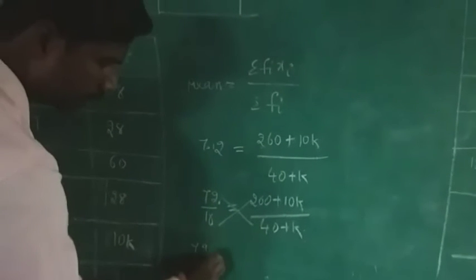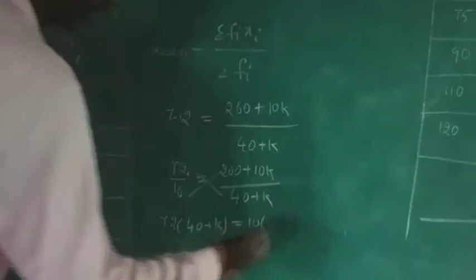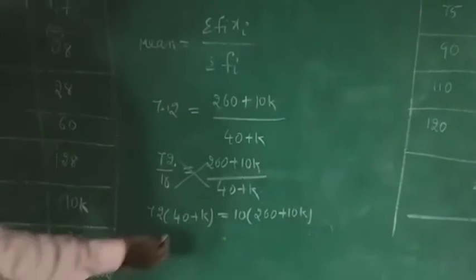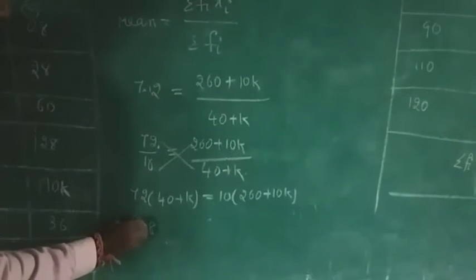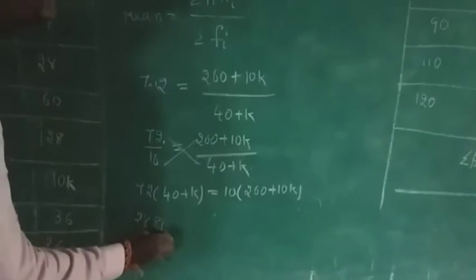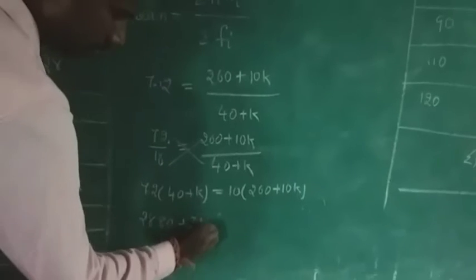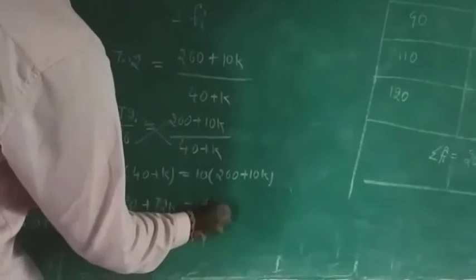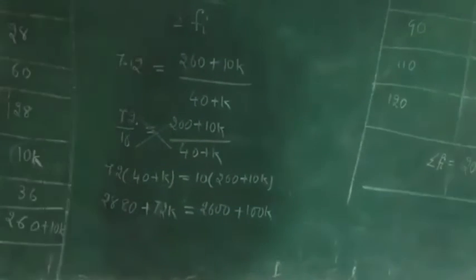So 72 into 40 plus k is equal to 10 into 260 plus 10k. So multiply: 4 2s are 8, 4 7s are 28, so 2880 plus 72k is equal to 10 into 260, 2600, 10 tens are 100, so 2600 plus 100k.